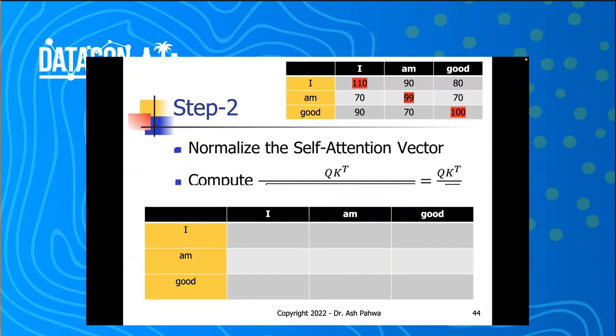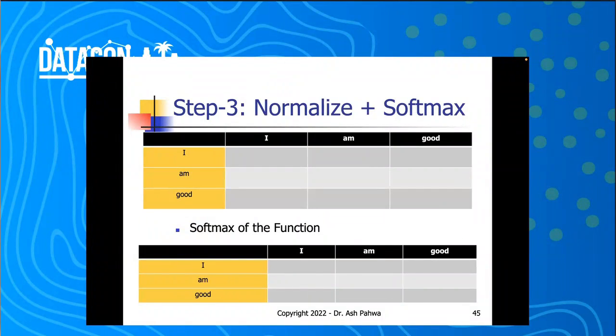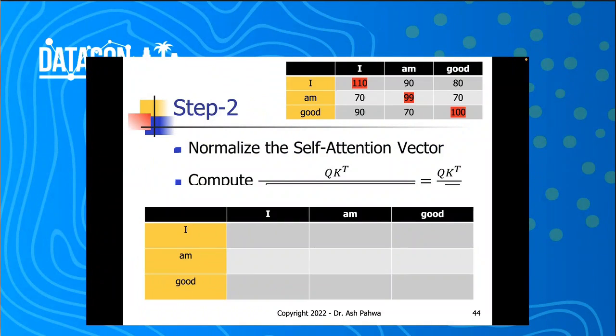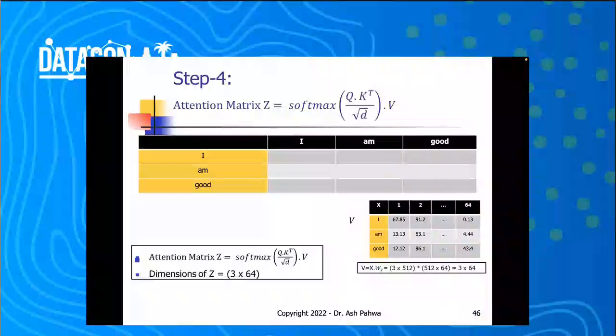Then, just to normalize it, we can also normalize this data by dividing the whole thing by the square root of 64. I don't know why the 64 is not showing up here. I think it is not displaying the mathematical equations. Sorry. There should be a square root of 64 here, and then we take the softmax function of it.